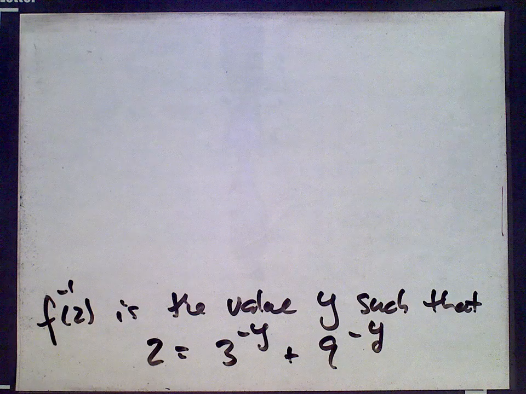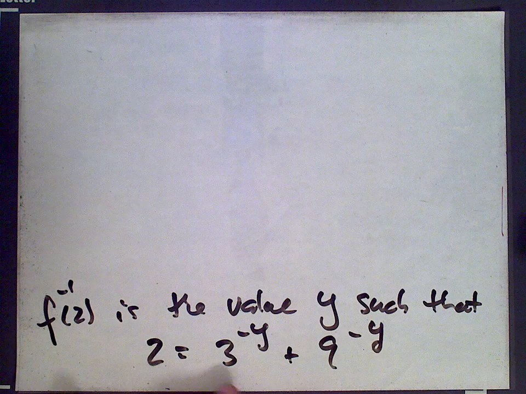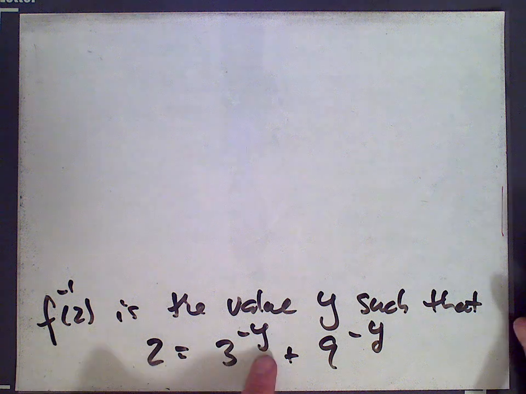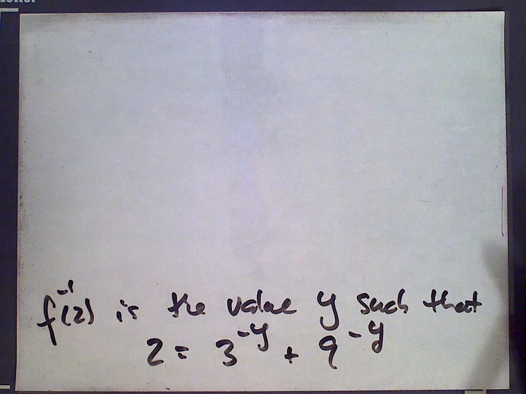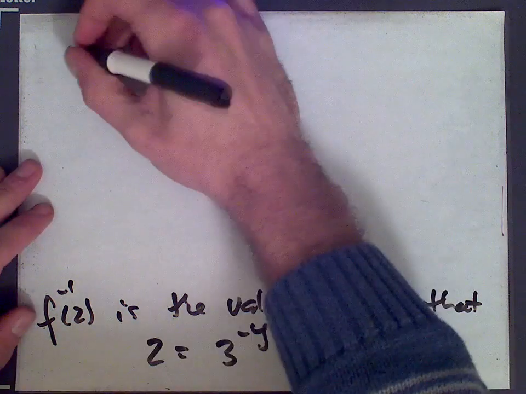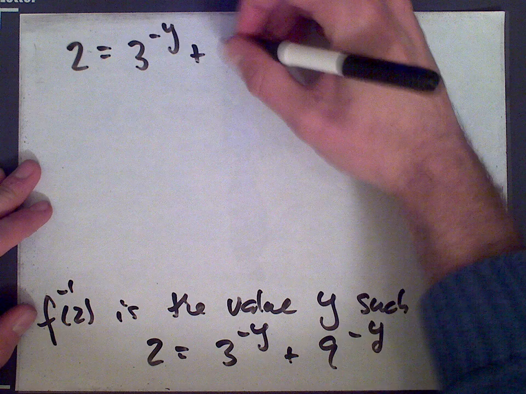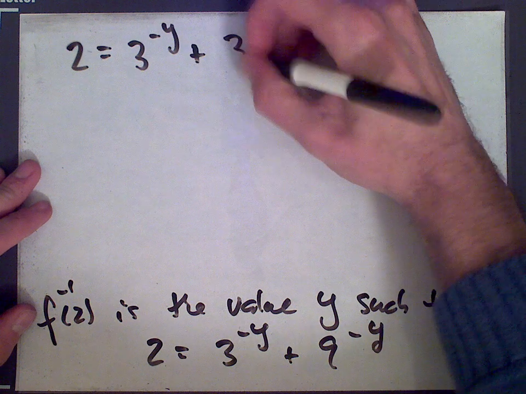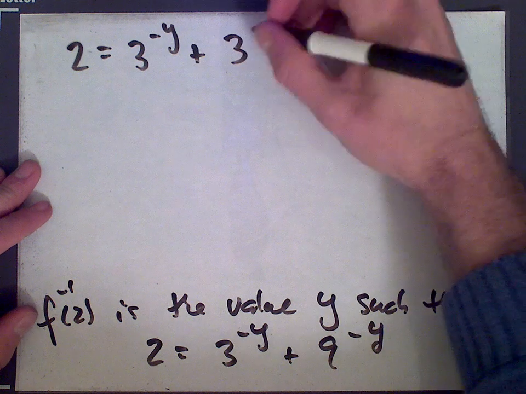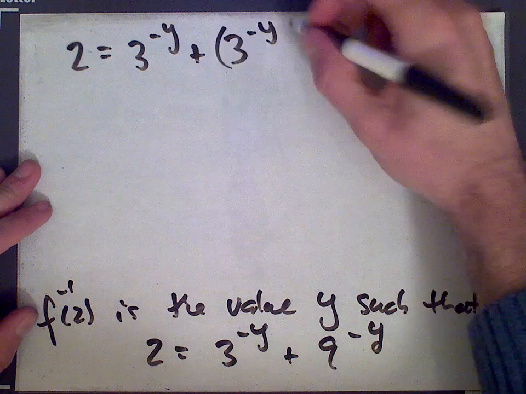So how do we solve for y? Well, we see we have 3 to some power and then 9 to some power, and 9 is a power of 3. So we're going to rewrite this as 2 equals 3 to the negative y plus 3 to the negative y, squared.